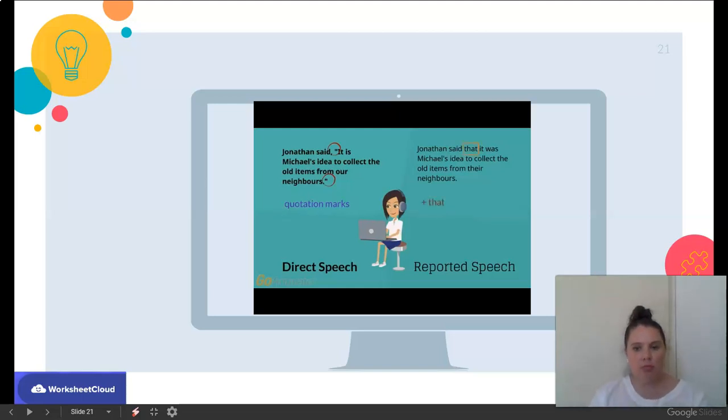Let's check whether you noticed these features. There are quotation marks in direct speech, but not in reported speech. That is added between the verb said and the message of the speaker in reported speech. The verb is in direct speech is changed to was in reported speech. The determiner our in the message of the direct speech is changed to their in reported speech.